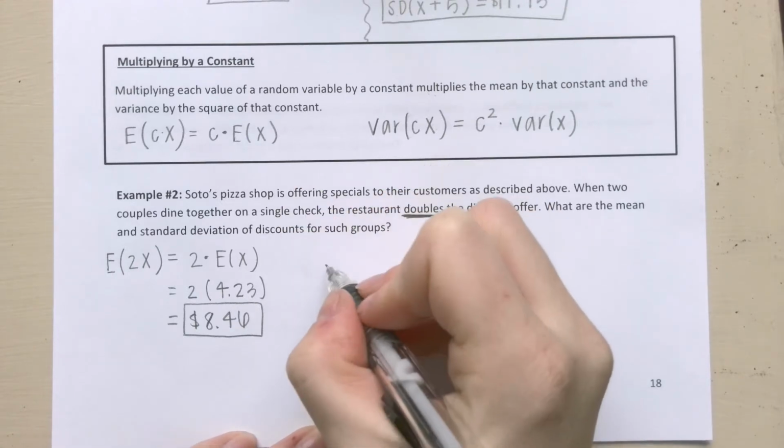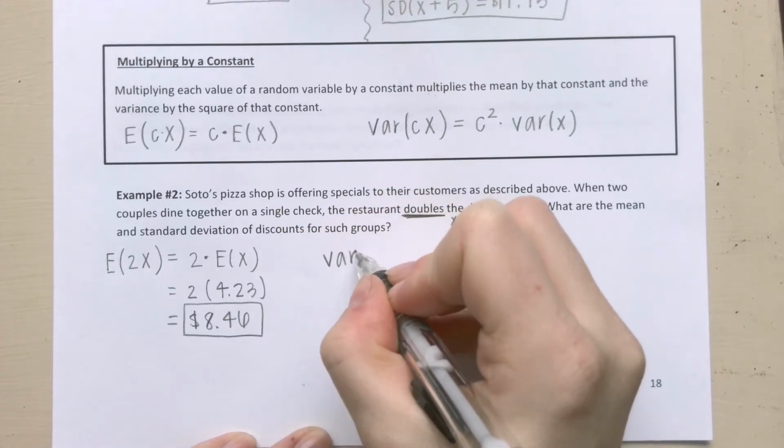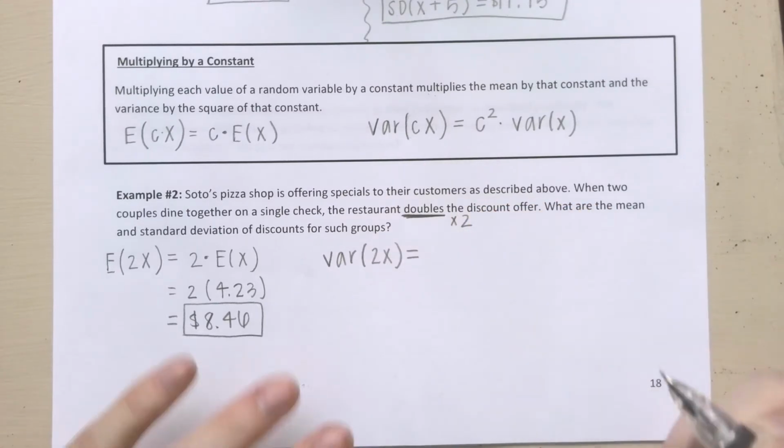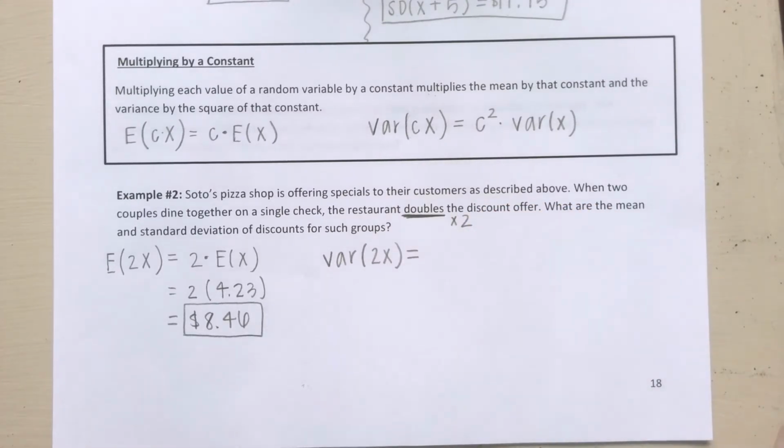For variance, I'm still doing 2 times the random variable.